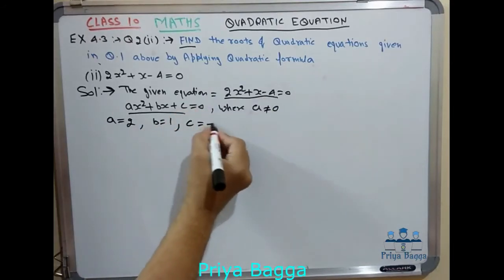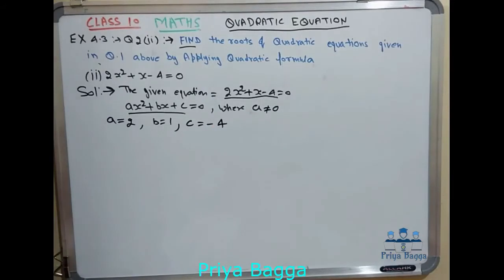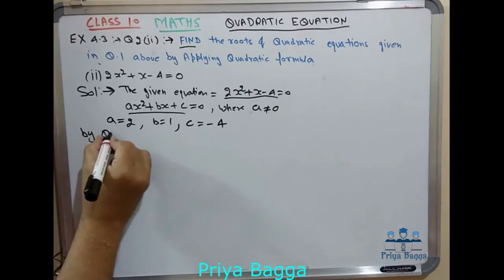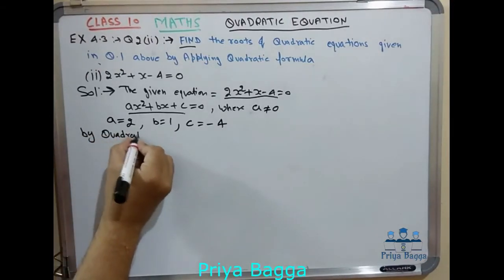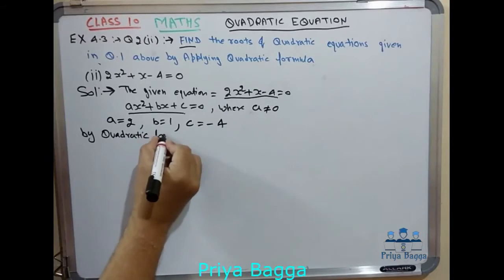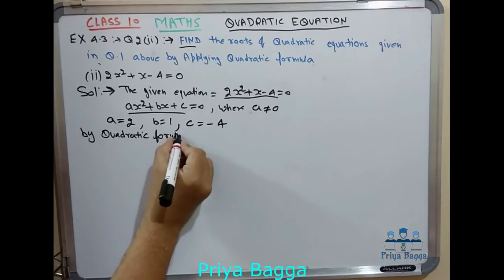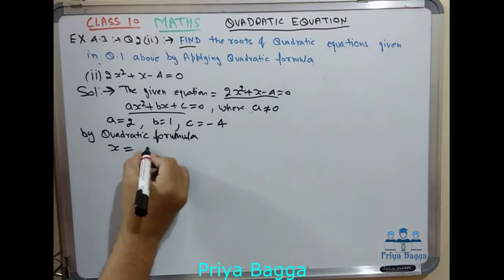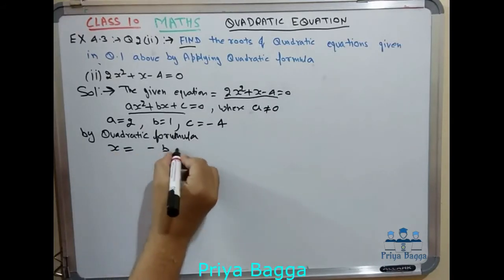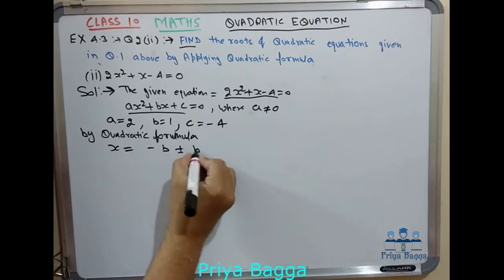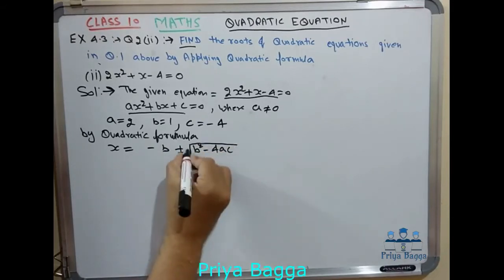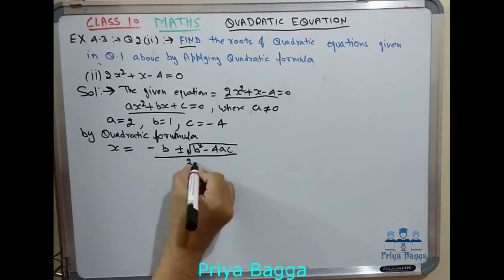Now, as we know, by the quadratic formula, the value of x is given by minus b plus minus square root of b square minus 4ac, divided by 2a.